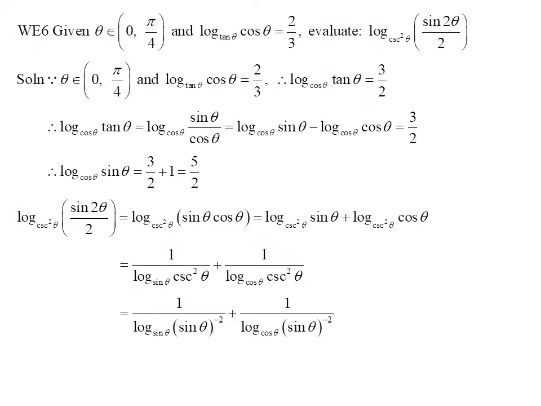Further simplification enables us to find the expression that equals negative half minus the reciprocal of 2 logarithm base cosine theta of sin theta, which equals negative 7 over 10.